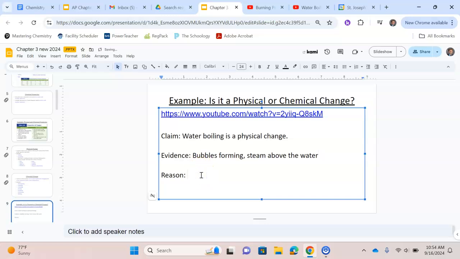Reasoning, again, this is tying in the science idea, and reasoning can say that boiling results in changing water from a liquid to a gas, but the water remains H2O. And we need a little more explanation. Maybe we would draw a picture to help explain this. But this is a real brief little synopsis of water being a physical change.